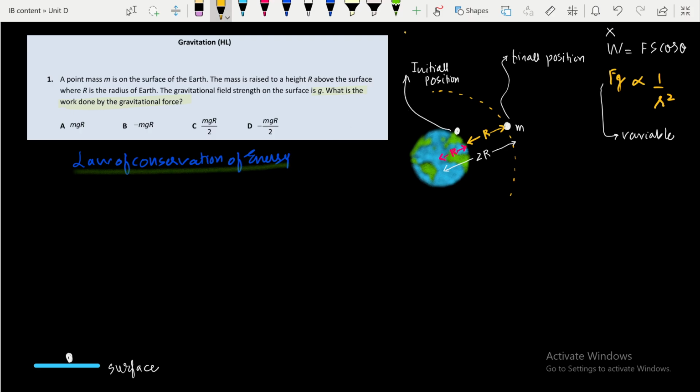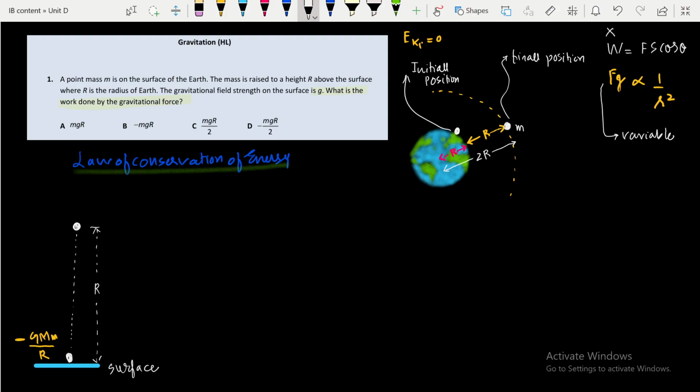There is no initial kinetic energy, but there is a potential energy due to the attraction of the Earth, and that is negative GMm over capital R. This is the energy possessed by this object initially, and finally we take this object to the point where its distance above the surface is capital R.